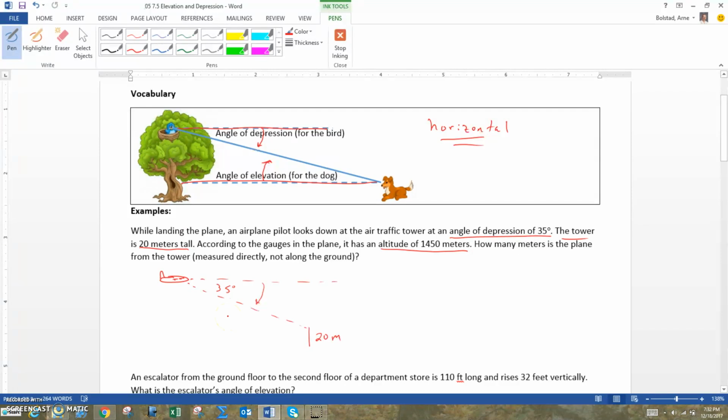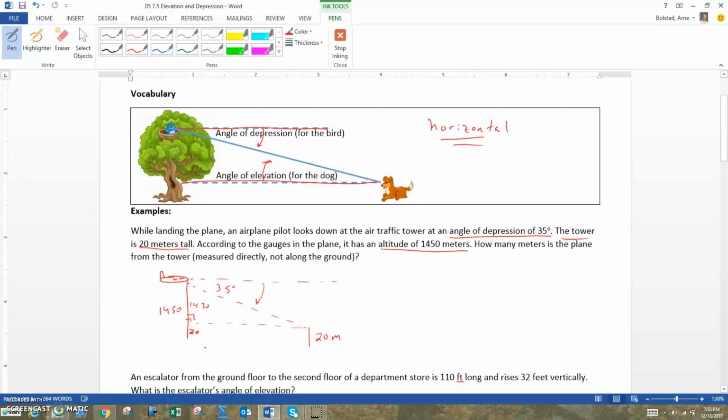We can draw the triangle over here if we so desire. It said he is at an altitude of 1,450, but with that 20-meter tower, and this is definitely not to scale, we could have a right angle here, and then this would be 1,430 because we have the 20 meters here. Again, even though it's not to scale.